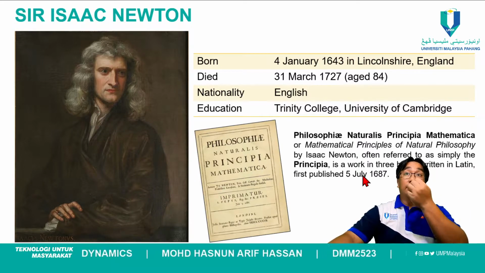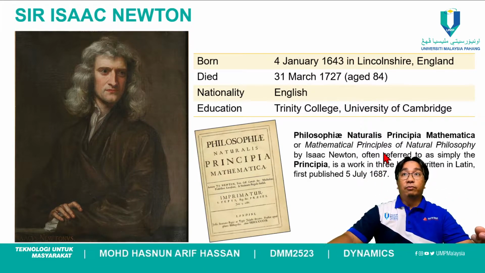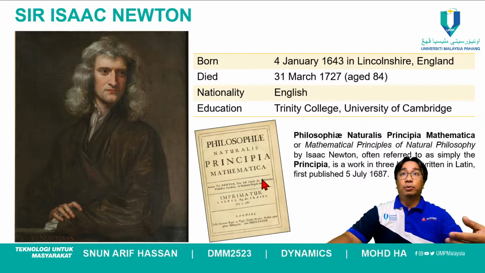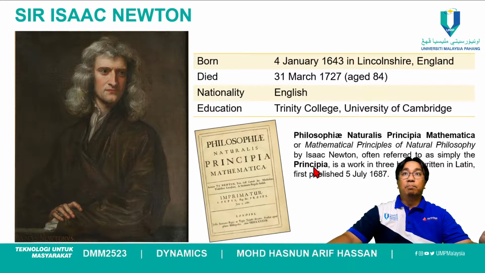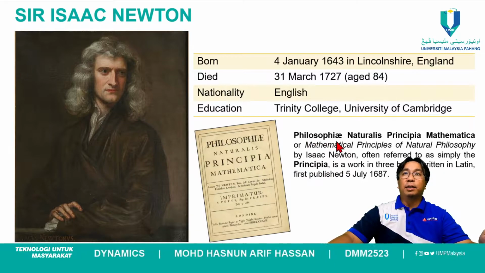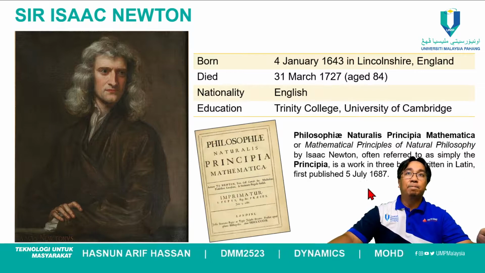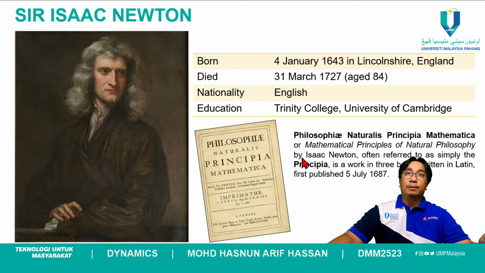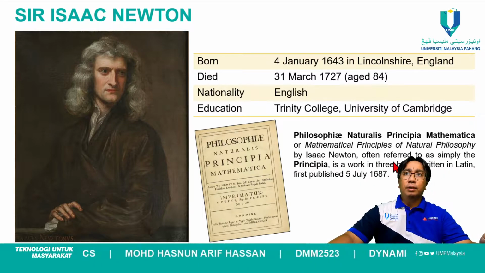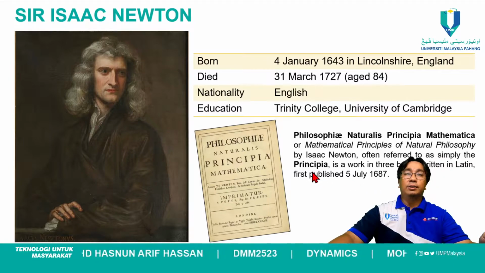One of his famous publications, his book, is simply called Principia. Its full name is long: Philosophiae Naturalis Principia Mathematica, or in English, Mathematical Principles of Natural Philosophy, by Isaac Newton, often referred to as Principia only.